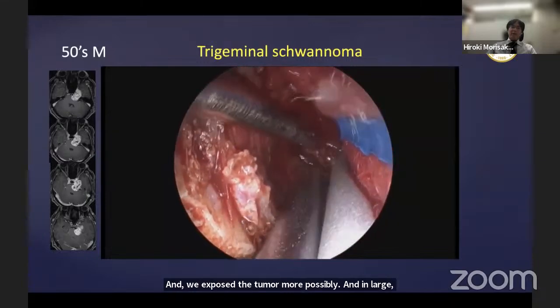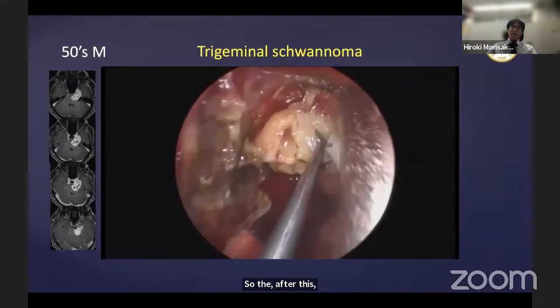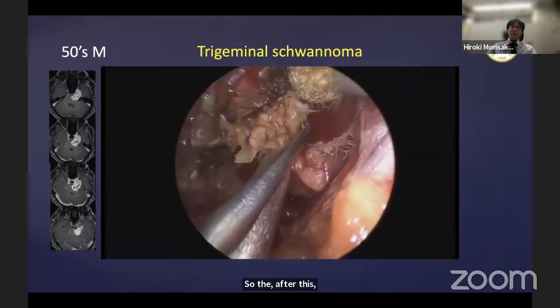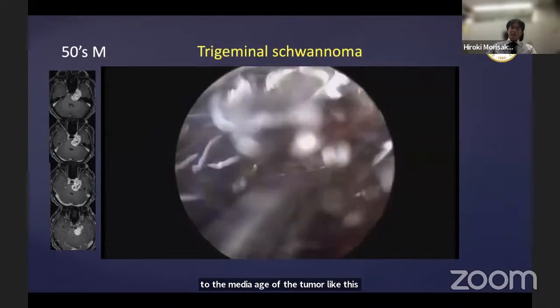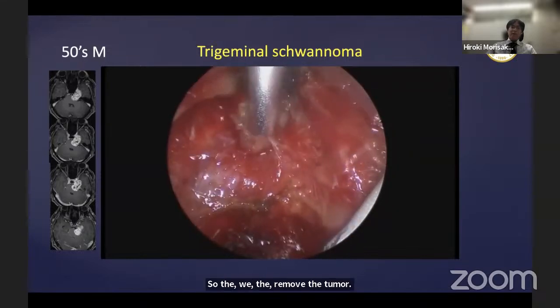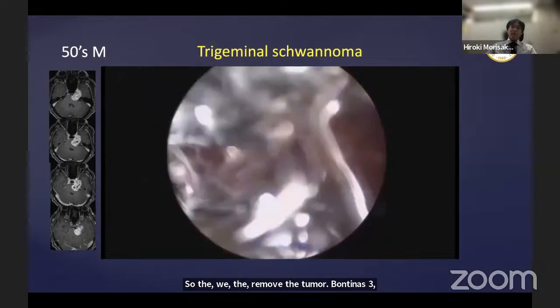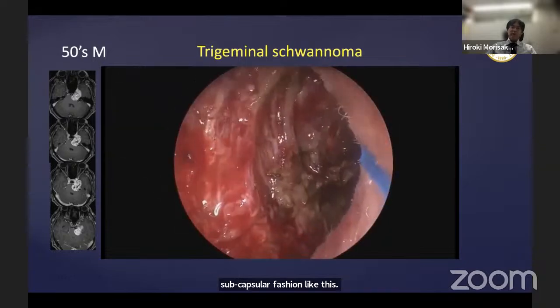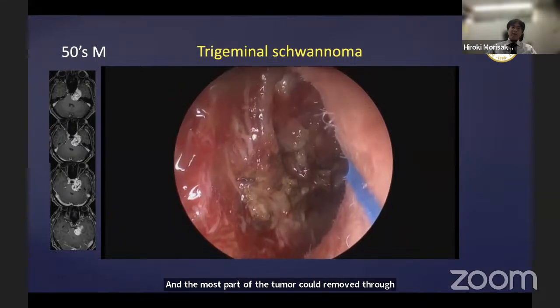After this additional procedure, we reached the medial edge of the tumor. We removed the tumor continuously in a subcapsular fashion, and most of the tumor could be removed through the endoscopic anterior transpetrosal approach.